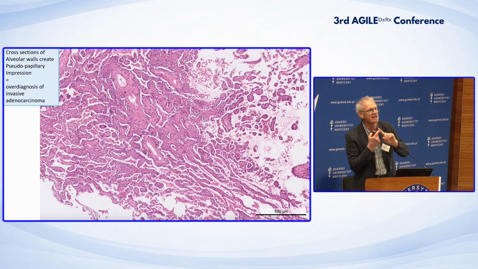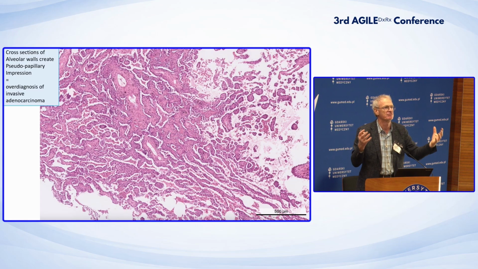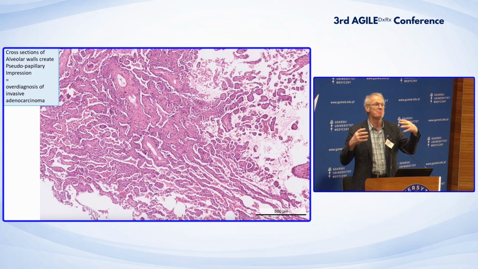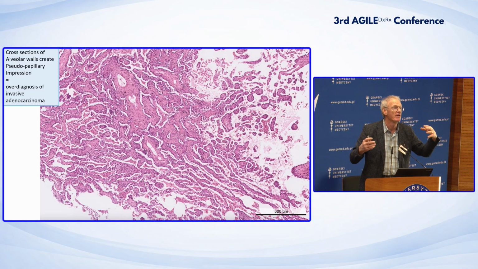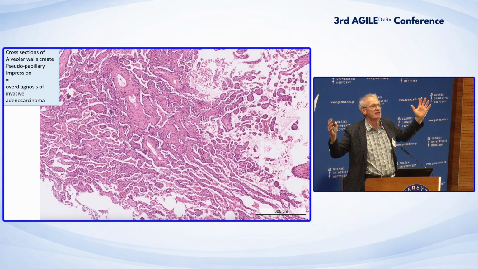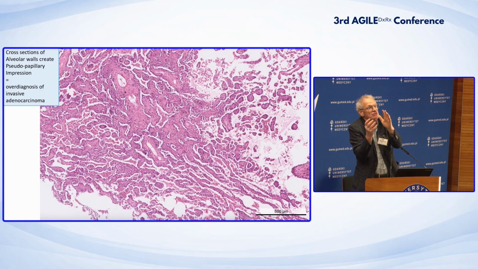The second thing is, this case has slightly thicker walls in the alveoli. That's frequently a reactive phenomenon with elastin. It's not a sign of invasion, but it may mean in vivo that you get less air than the 50% with AIS without thickening of the walls, and that you get not enough air to make it white.